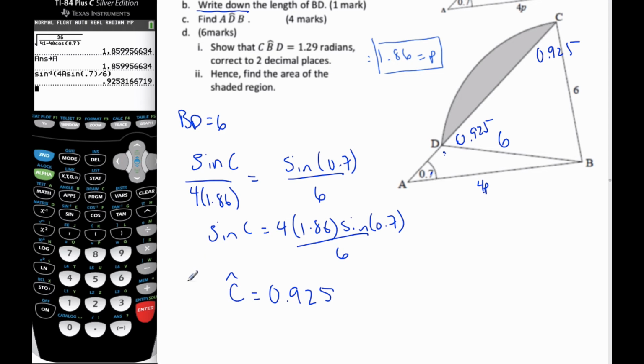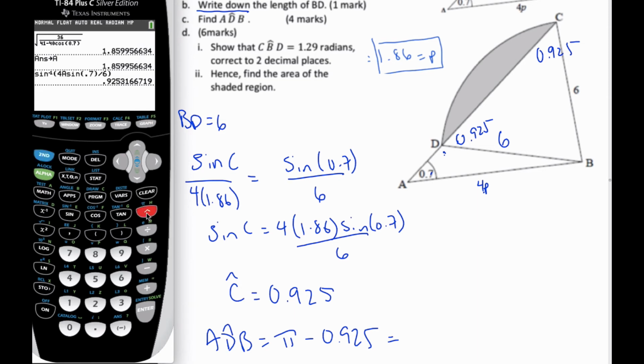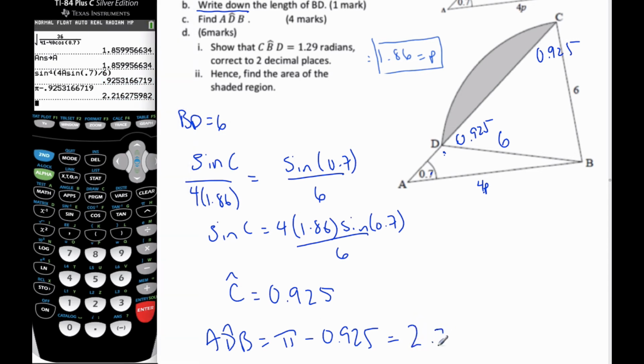So if I want to find that CBD, oh sorry, no, ADB, I can get ADB is going to be pi minus 0.925, which using my calculator, I go second pi minus that answer I just got, and that will mean the angle is 2.216.